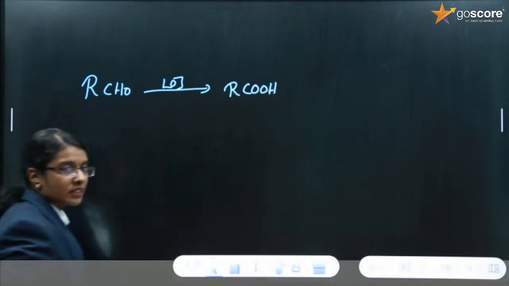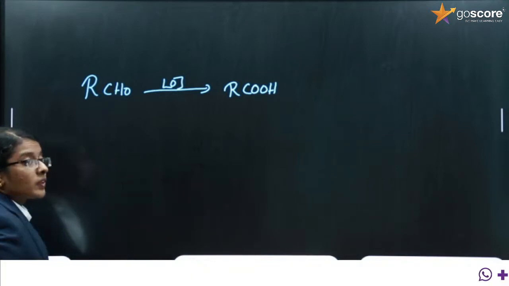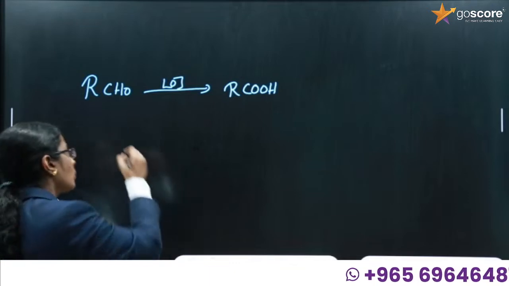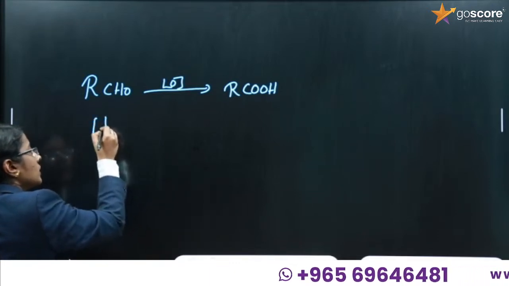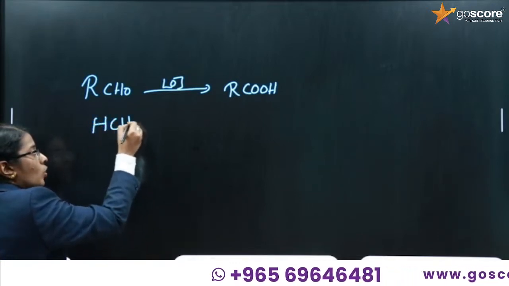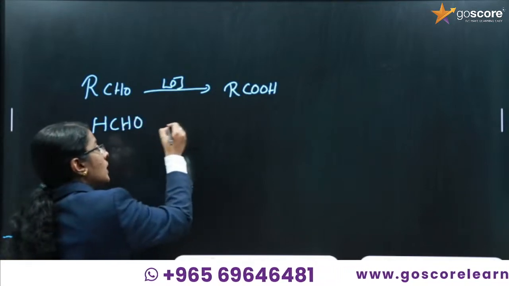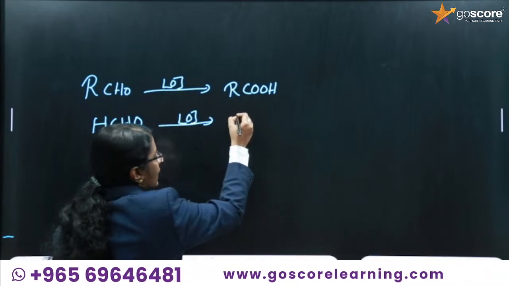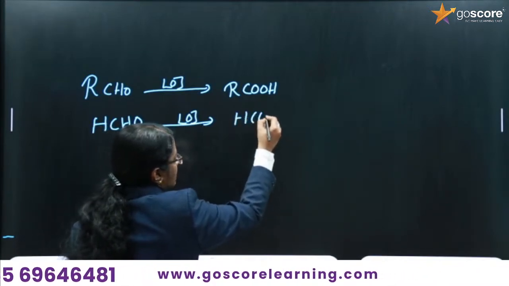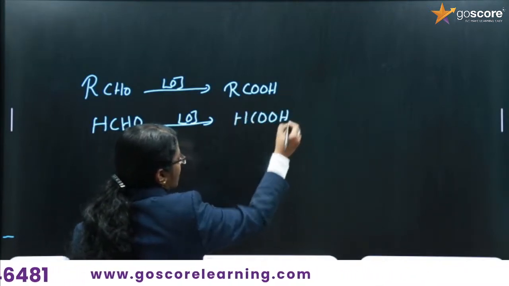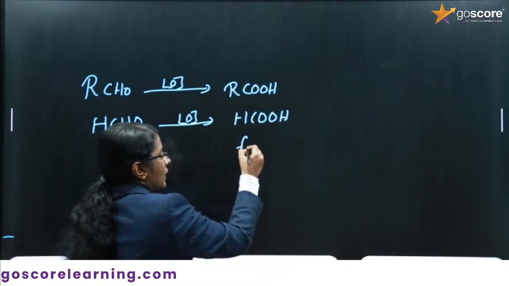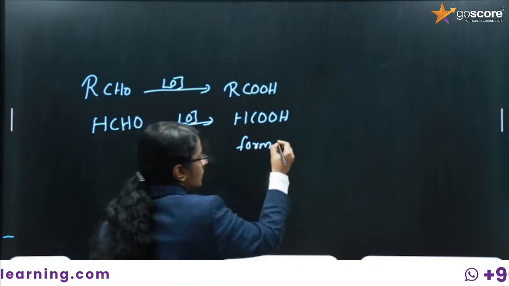If we take formaldehyde, on oxidation you will get the corresponding acid, that is formic acid.